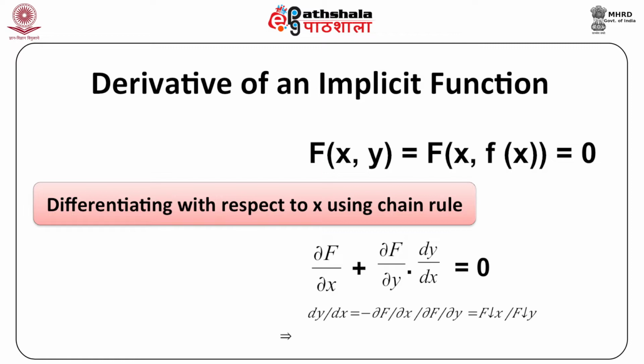This states that the derivative of a function defined implicitly is given by the ratio of two partials with the negative sign.